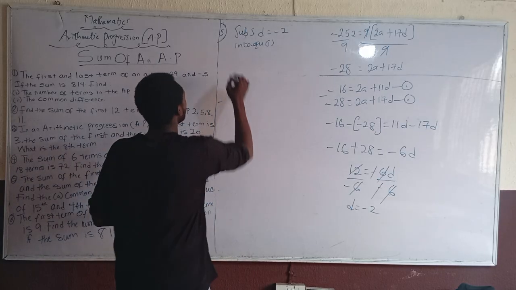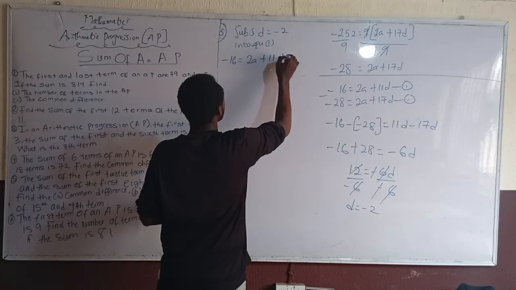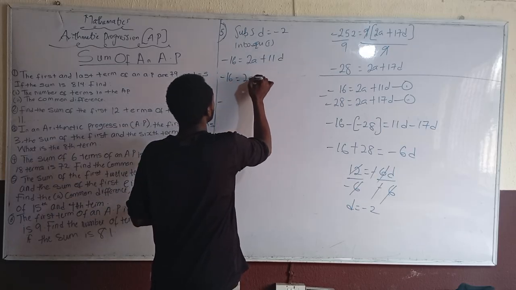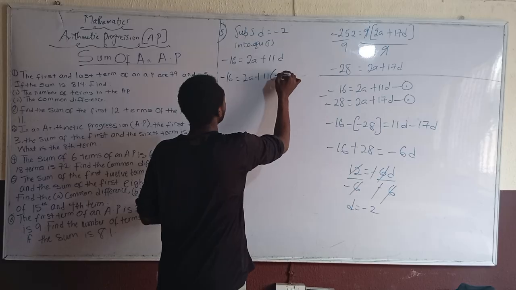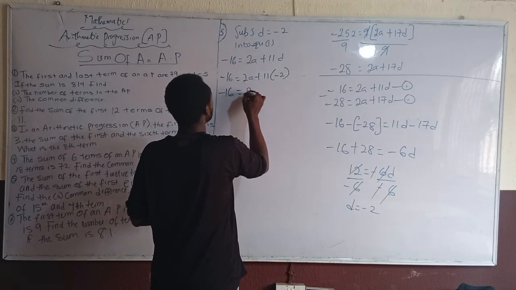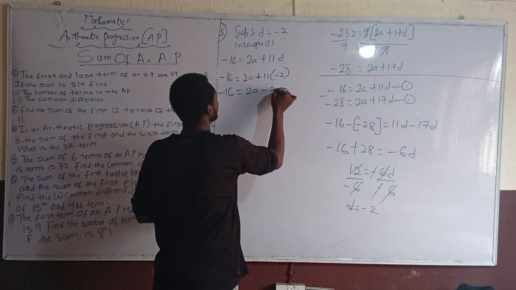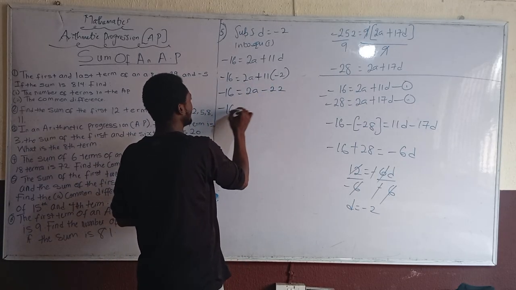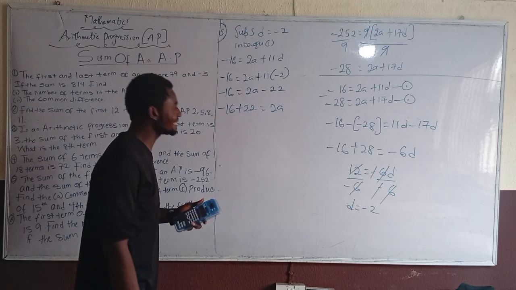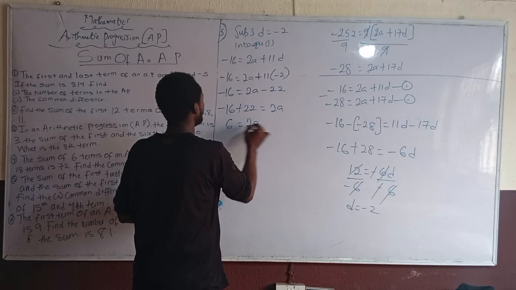So here becomes minus 16 equals 2a plus 11d. Here is minus 16 equals 2a plus 11 times minus 2. Minus 16 equals 2a, 11 times minus 2, that is minus 22. Minus 16 plus 22 equals 2a. Minus 16 plus 22, that will give me 6 equals 2a.